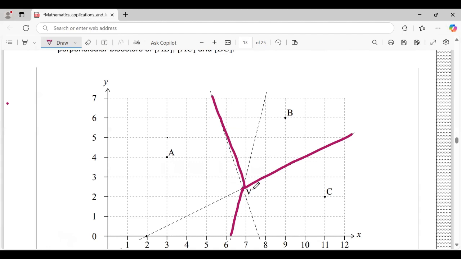Why am I not using this line as the edge?